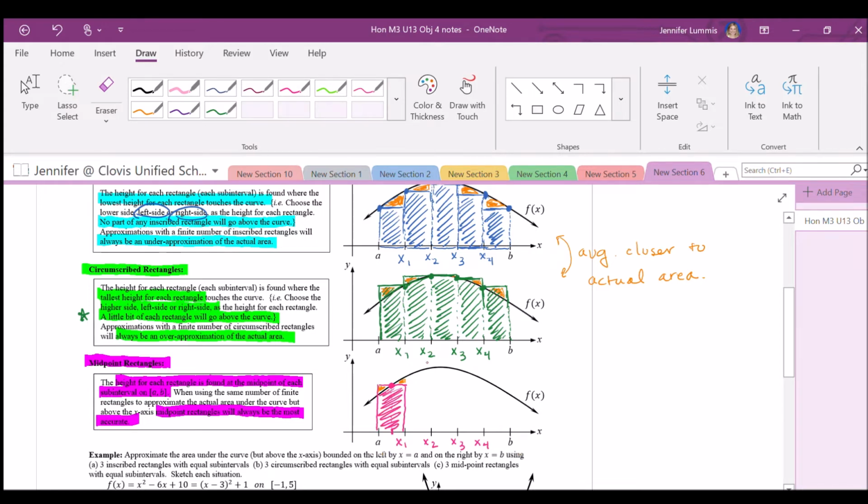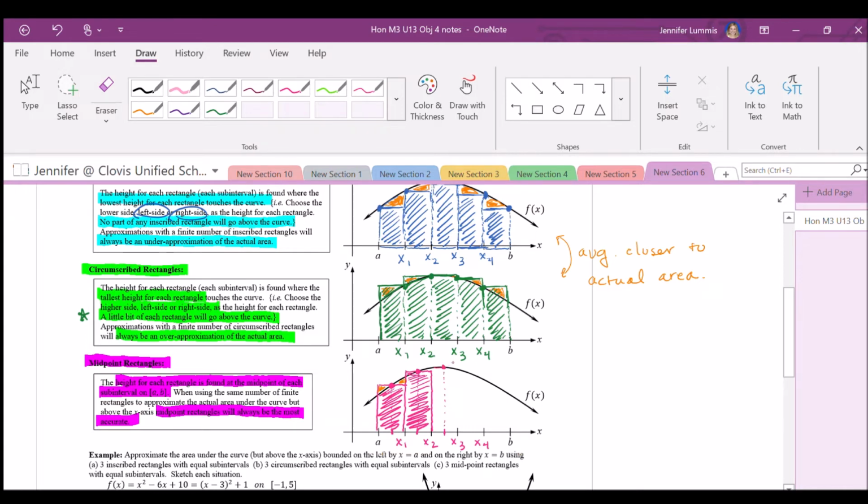So from x1 to x2, again, we pick the x value right in the middle. We take that as our x value up to our curve to plot a point. That's the height for the rectangle from x1 over to x2. Again, you can see a little bit that gets missed under the curve and a little bit over the curve. So we'll repeat this halfway between x2 and x3 up to our curve.